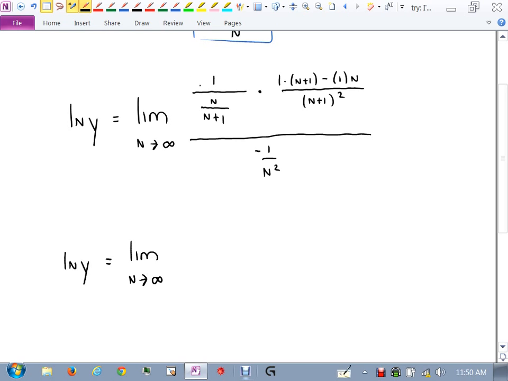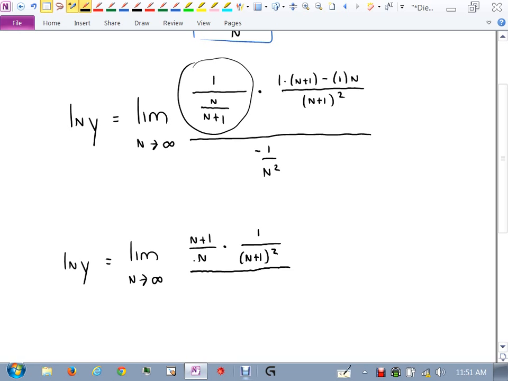Let me see. This piece here, 1 over n plus 1, just flips and becomes n plus 1 over n. And then over here, what does this turn out to be? So it's positive 1 over n plus 1 squared, and then all this over negative 1 over n squared.